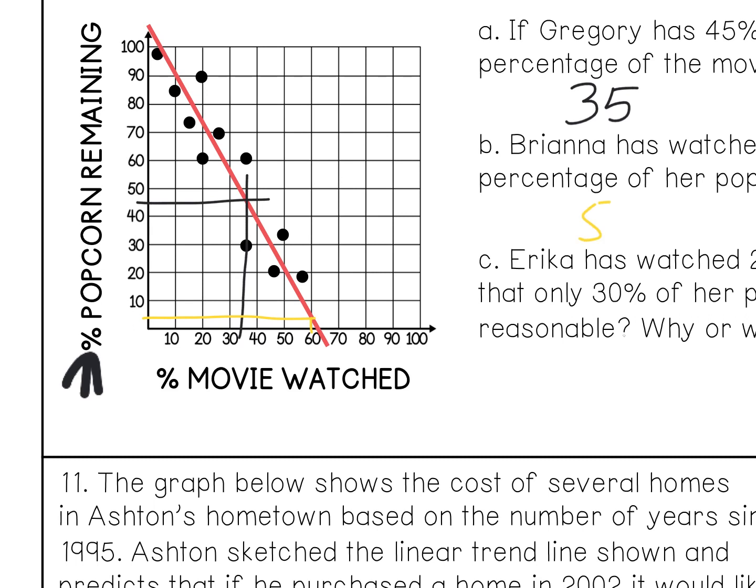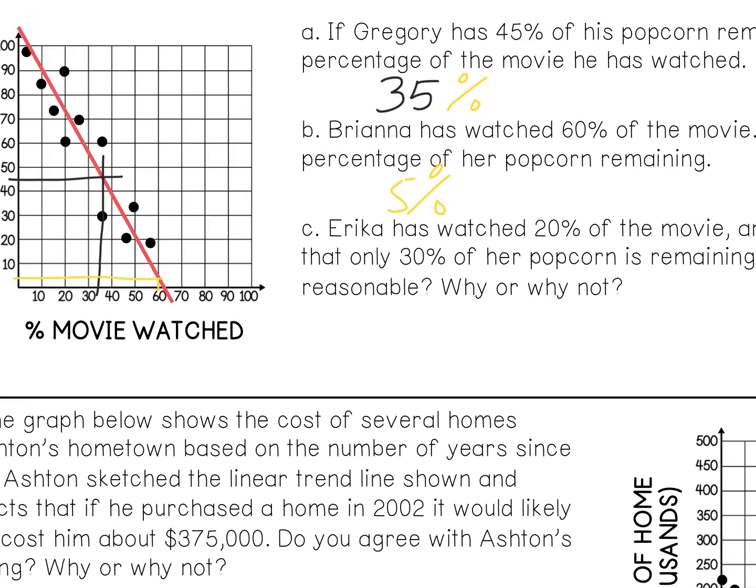Like 5 or maybe even 3? Because once again it depends on your graph, right? If your graph went through the line up here, then it would be 10. Okay? I'm not saying your answer is wrong. I'm just saying that based on the graph that I have, 5 would be a better answer.